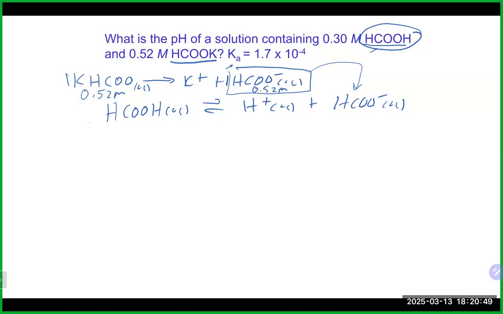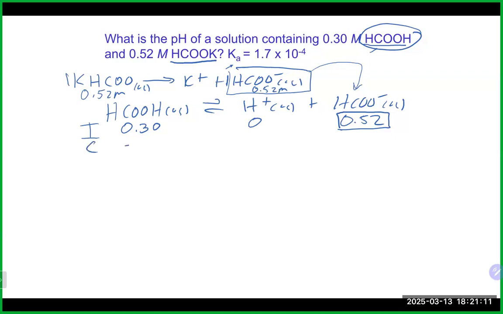So if you wanted to take an ice table approach, you could take your 0.3, your 0, and again, really important here, 0.52. You do need an initial concentration here. Otherwise, you're just doing a weak acid problem, not this common ion problem.